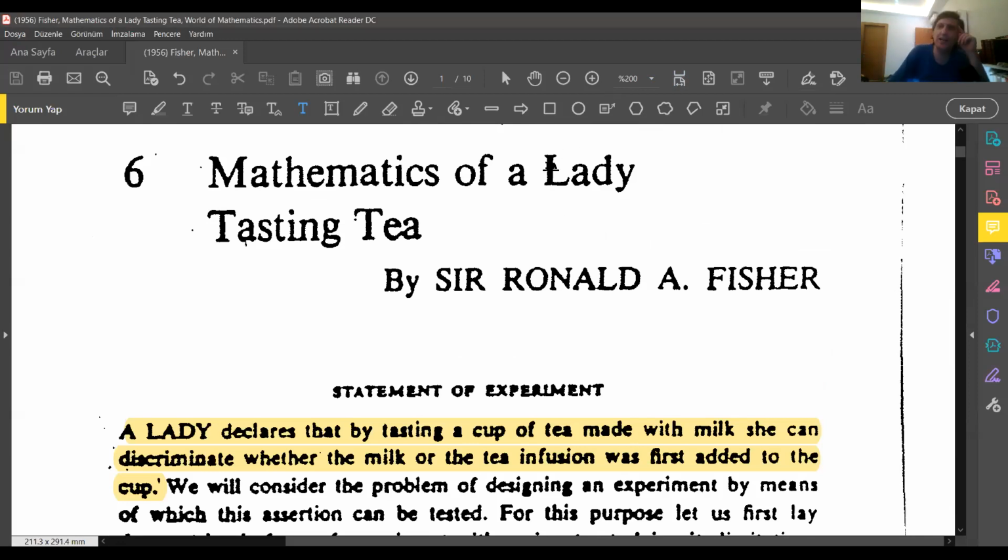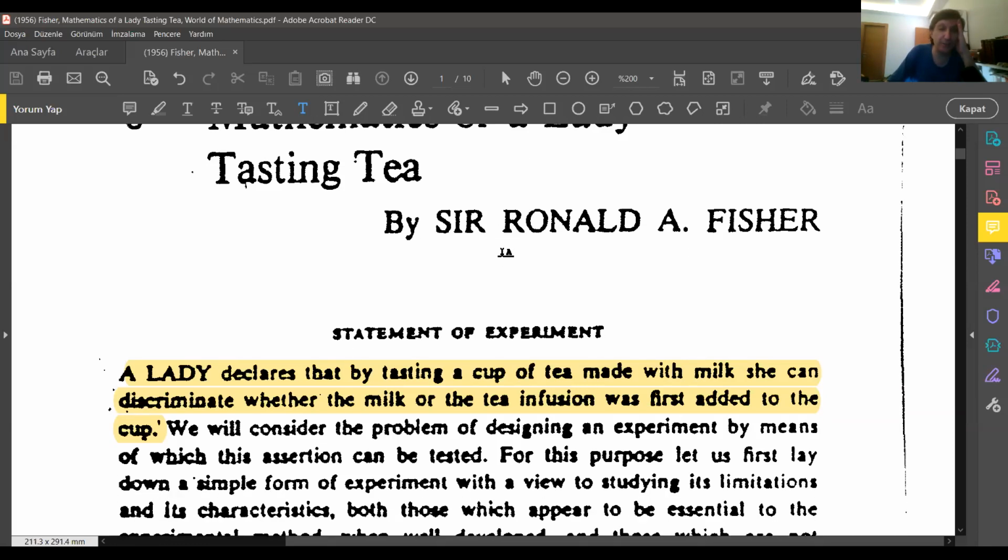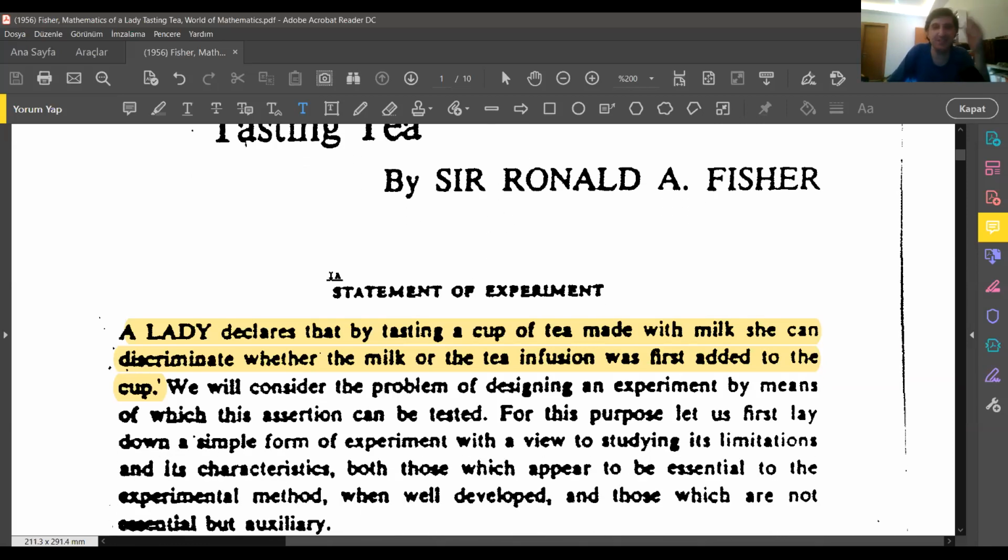There is also a book that you may find in the library. It's an interesting book about the history of modern statistics, and some part of it is really about the lady tasting tea and Ronald Fisher. I think that was a kind of real event, but I cannot be sure about it 100%, since this is a statistical course.